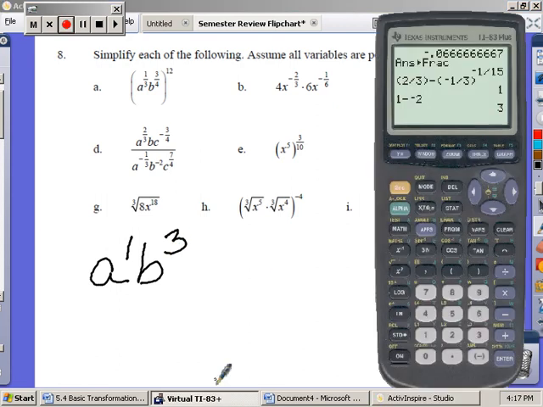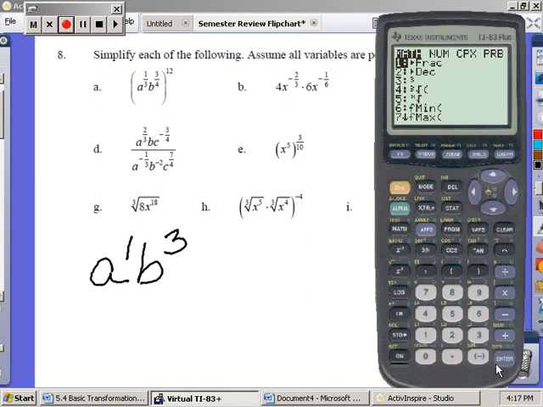Next, my exponents on C, parentheses, negative 3 divided by 4, parentheses, minus parentheses, 7 divided by 4, parentheses. Press enter. I get a decimal.